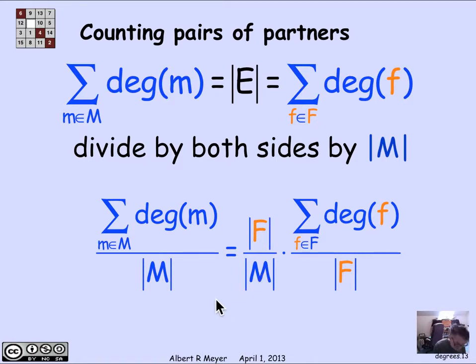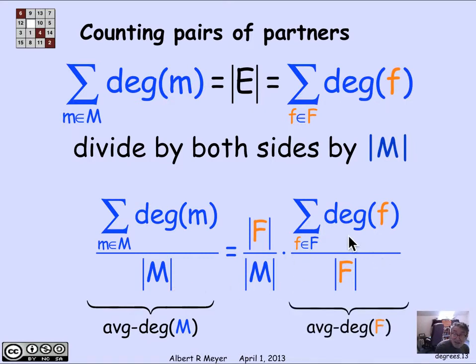Now, the reason I'm doing this is that if you look at this thing on the left, this is the average degree of the men. This is the sum of all the degrees of men divided by the number of men. So it's the average number of partners that men have. And likewise, now you can recognize over here that I've got the average number of partners that each woman has.